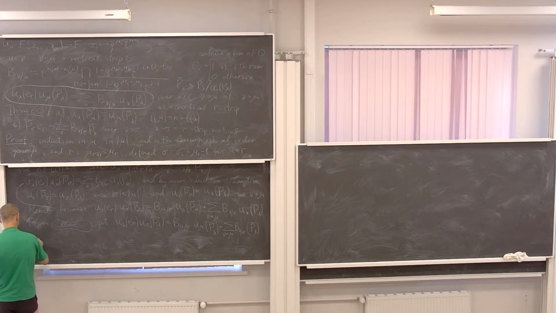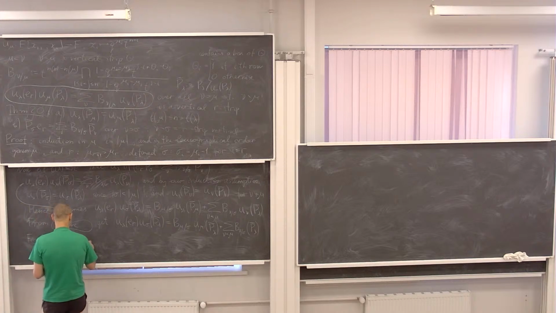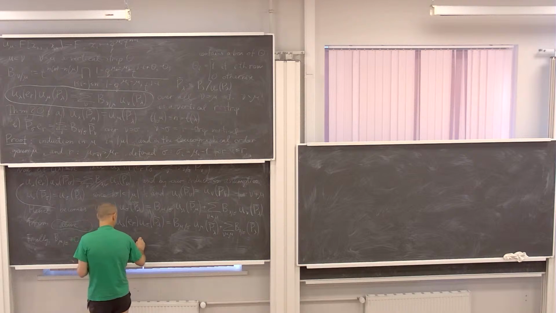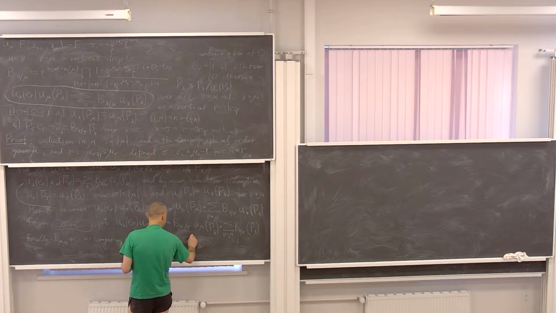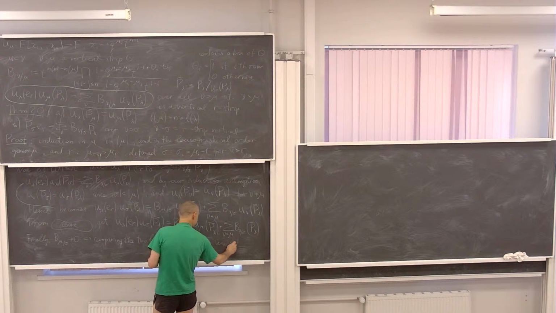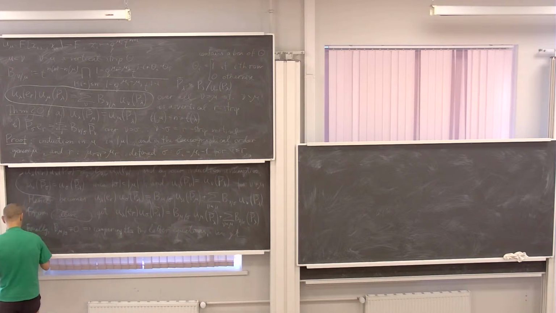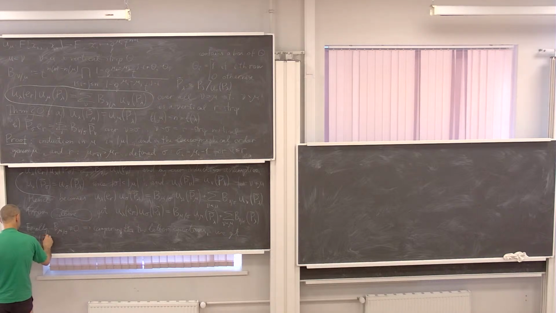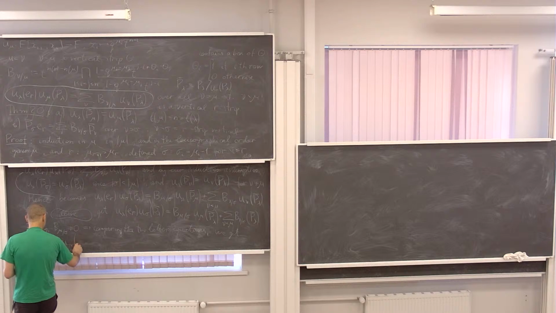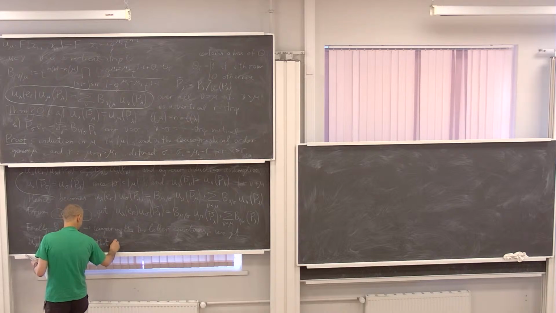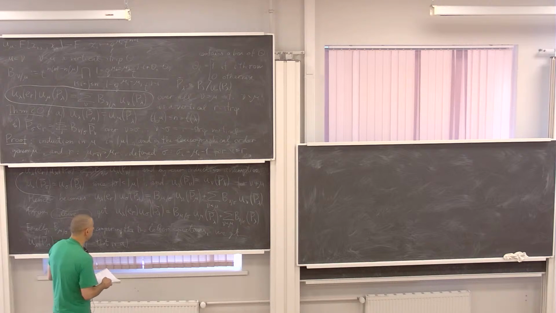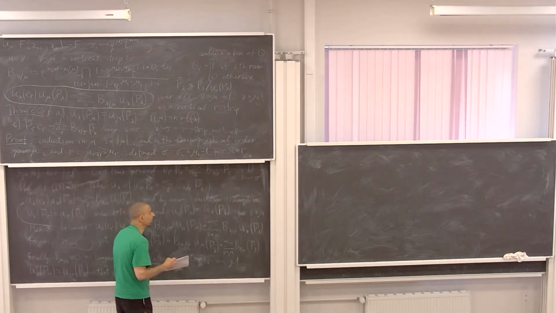And finally, b mu sigma is not 0, hence comparing the two latter equations, we get u lambda of p tilde mu equals u mu of p tilde lambda. That is A.